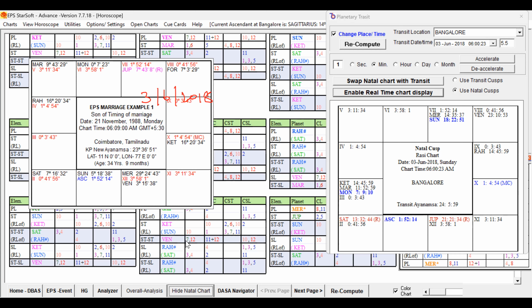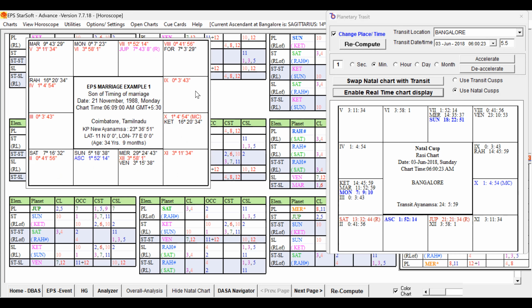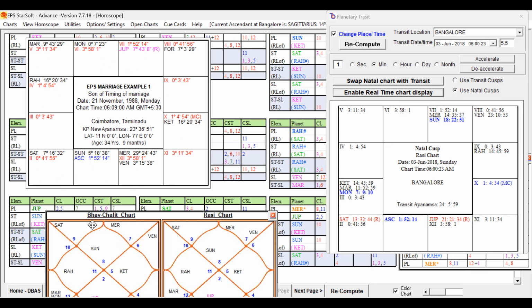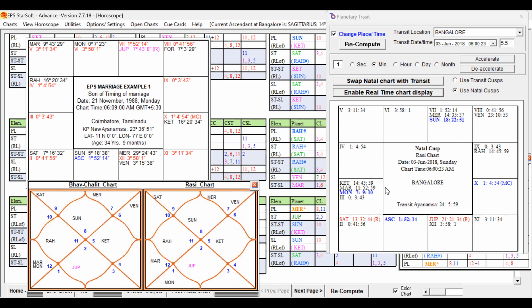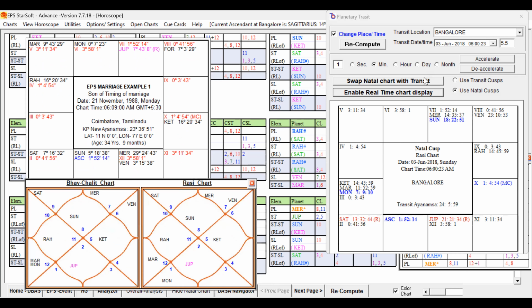Let me open the natal chart also so that you can see the transit. For the benefit of the North Indian chart followers, I will keep the North Indian charts open also at the bottom so that you can compare. Now, what we have to do is check the transit of the planets.